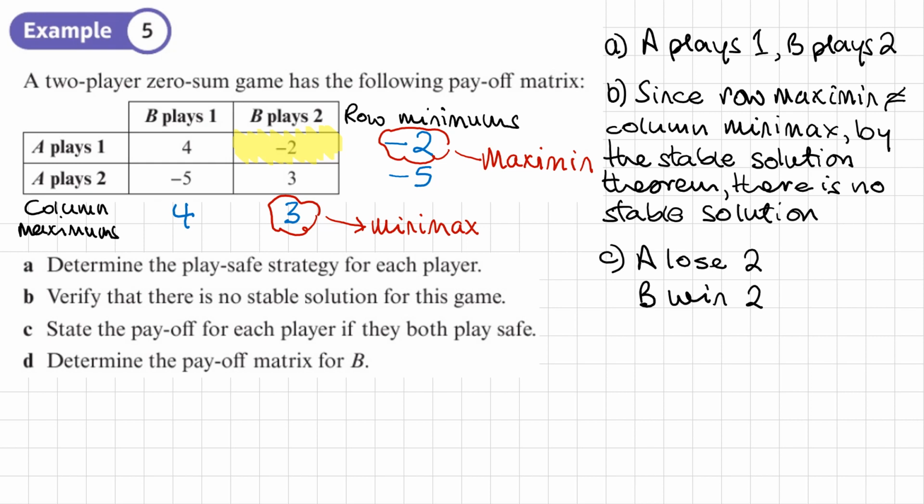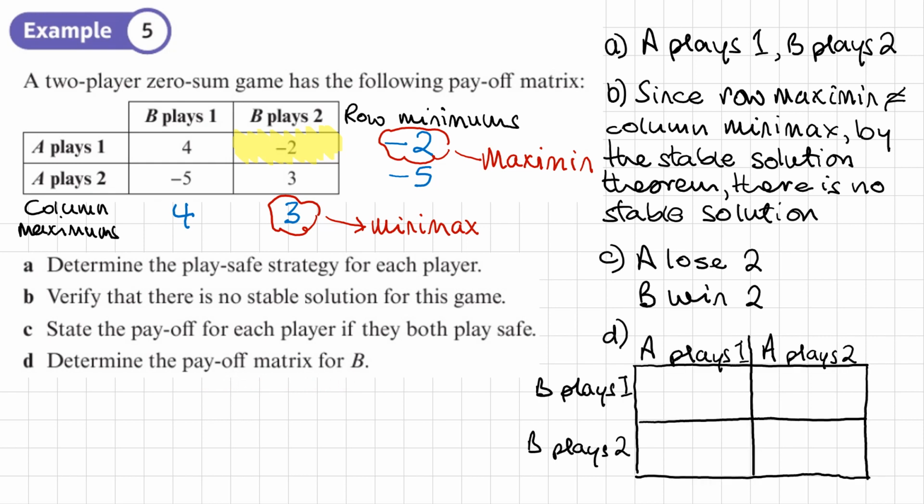And lastly, part D, we're asked to determine the payoff matrix for B. So our matrix is going to look like this. Now everything now is from B's perspective, so we'll put player B over here to show that it's from their perspective. And now we need to look at what their winnings will be. So here, if B plays 1, they would lose 4, gain 5.